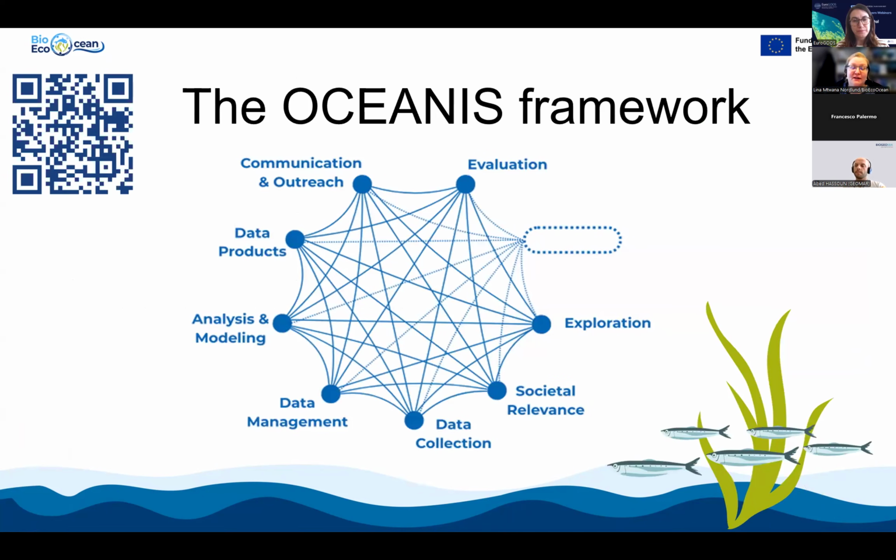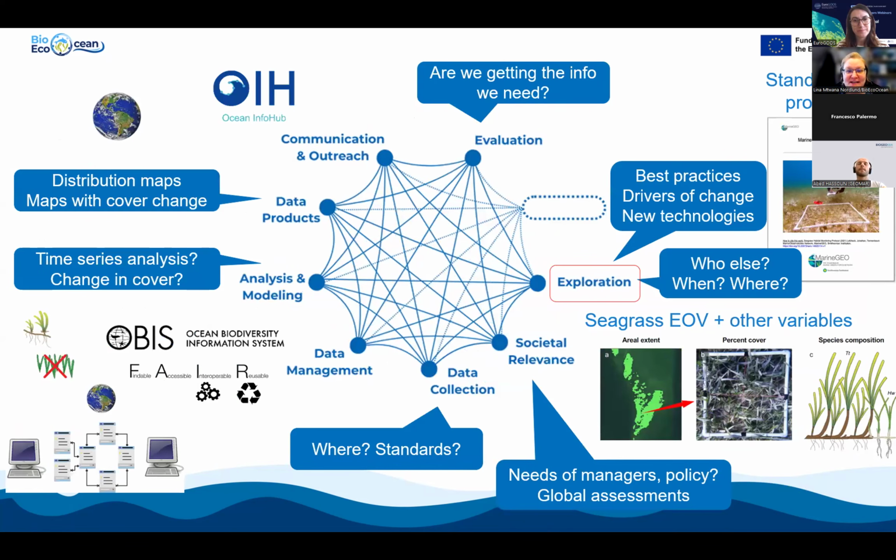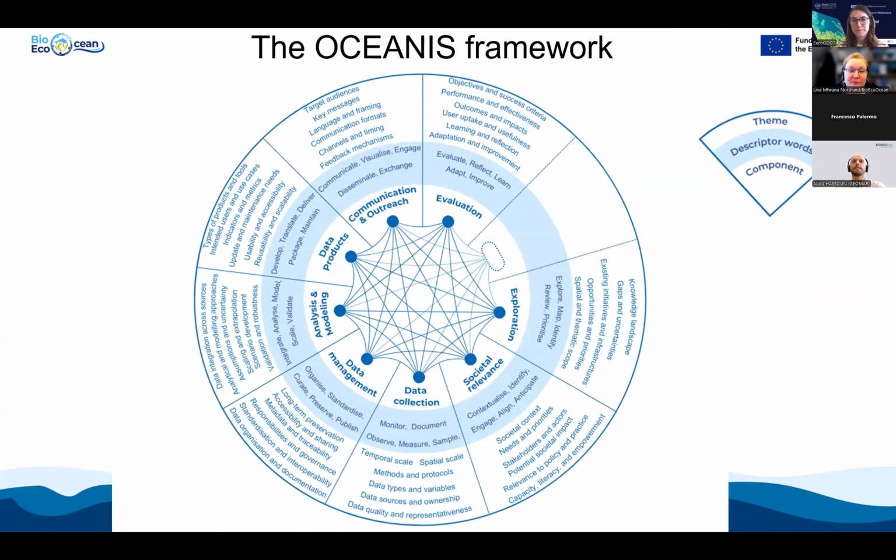The framework looks like a spider web, to showcase that everything is connected, and we really need to start working much more across different silos, cultures, sectors, and expertises. The spider web is the core, but the framework also has descriptor words and themes to give more depth into the framework.